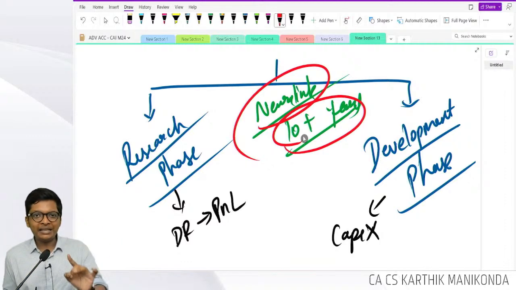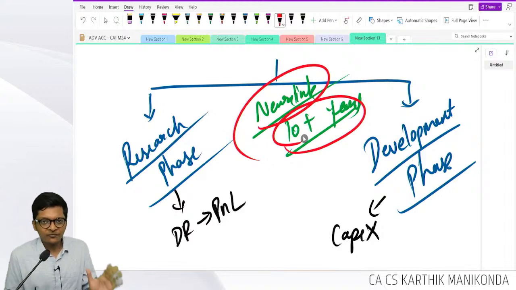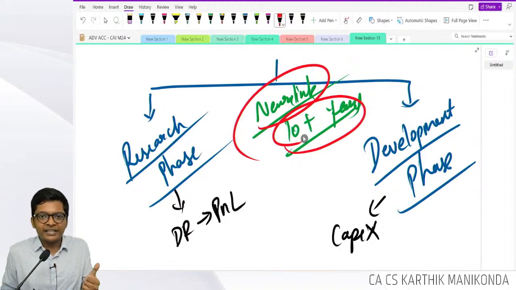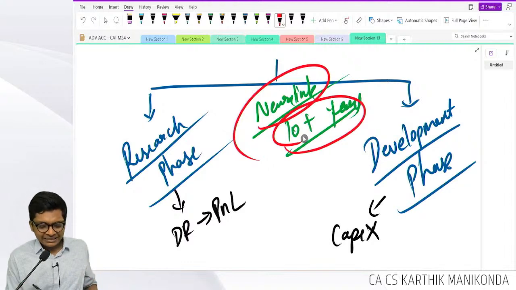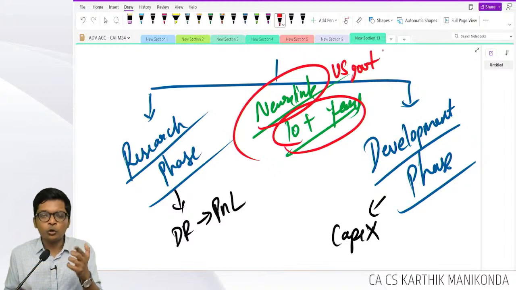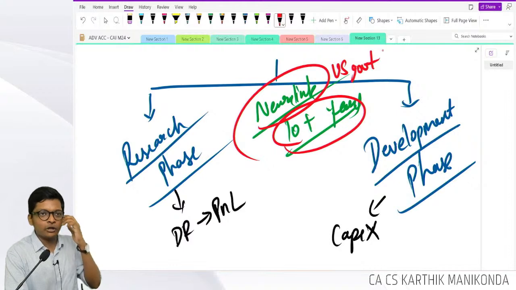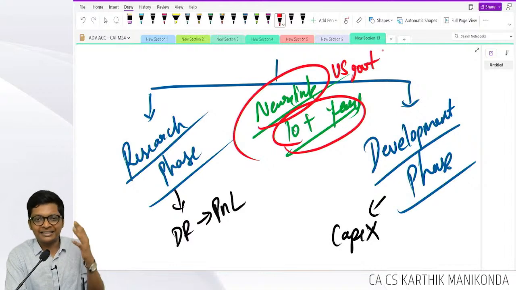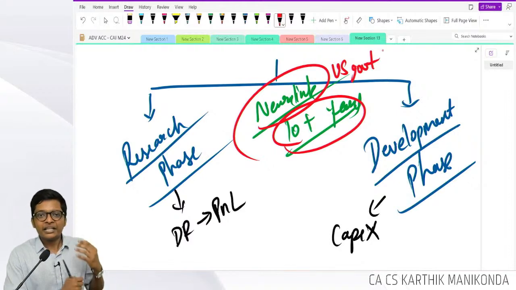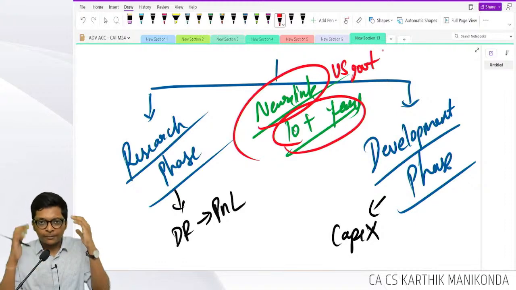Should I capitalize or debit to P&L? Because if I capitalize and the project fails, no income for him. So, recently he got the approval from the US government that this chip can be tested on humans because it succeeded on monkeys. After killing so many monkeys and testing it, it succeeded. He showed a video where a monkey is playing a video game through the mind.